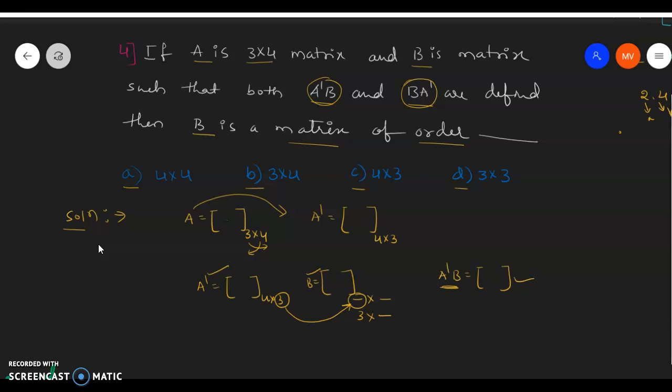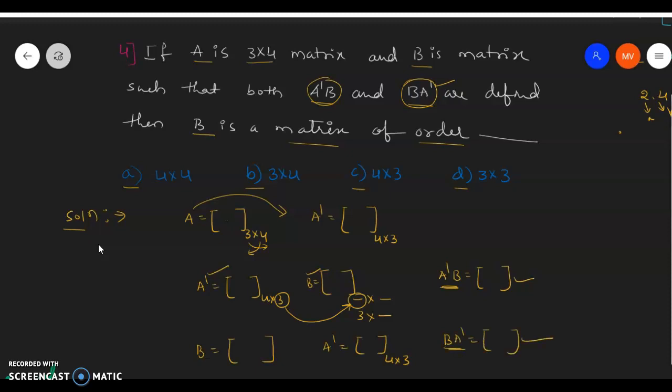Next, he says that B A transpose is also well defined. A transpose matrix is of order 4 cross 3. When will B A transpose be well defined?